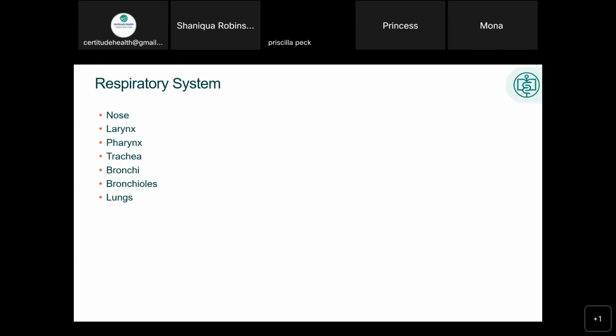Breaking that word down, the prefix bi means two, so you're splitting into two directions. But anyway, where your trachea splits, or bifurcates, is called the carina.